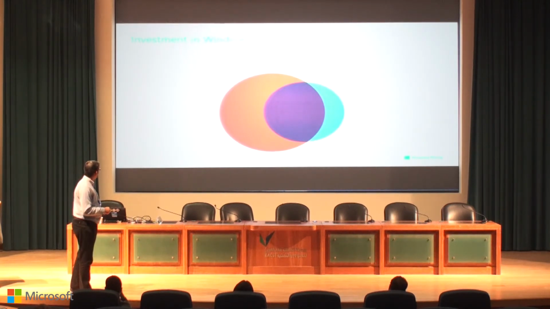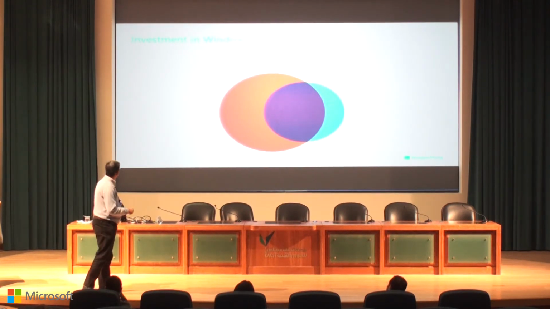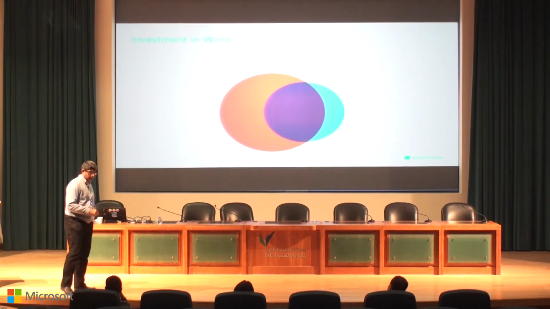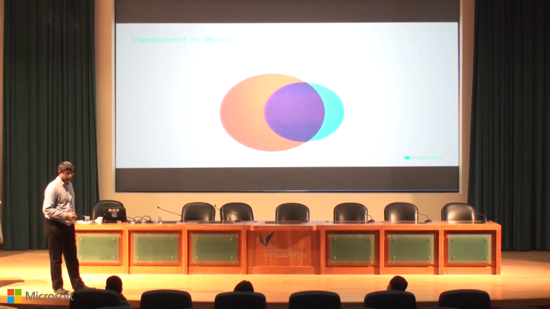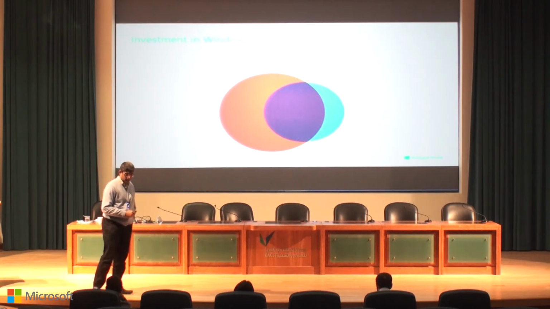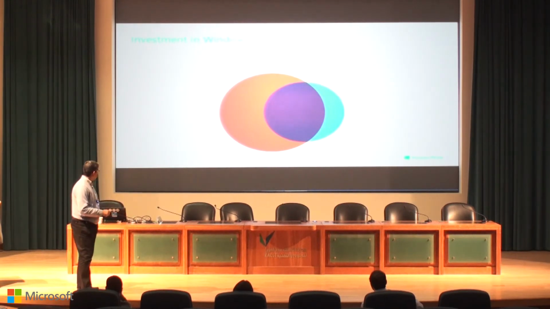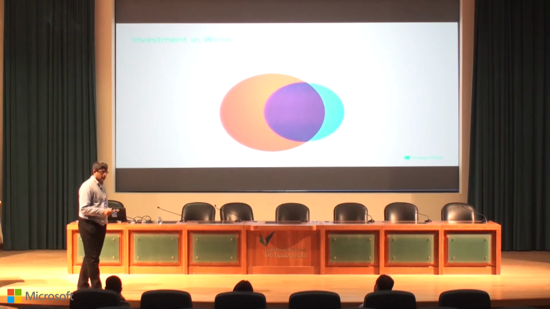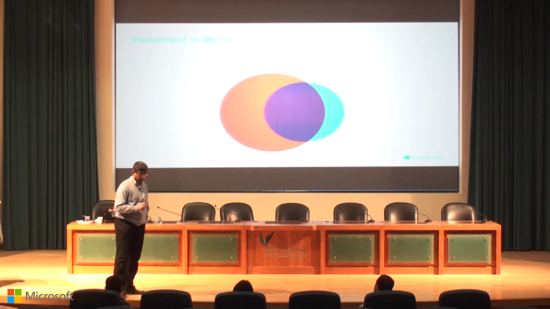Now, in terms of the Windows runtime, on the left hand side these are the Windows 8 runtime APIs. There are some 11,000 plus APIs for Windows 8. And then on the other side, the blue is the Windows Phone APIs. But in the intersection of these two are about, I think, 2,000 plus APIs which are common between Windows 8 and Windows Phone 8.